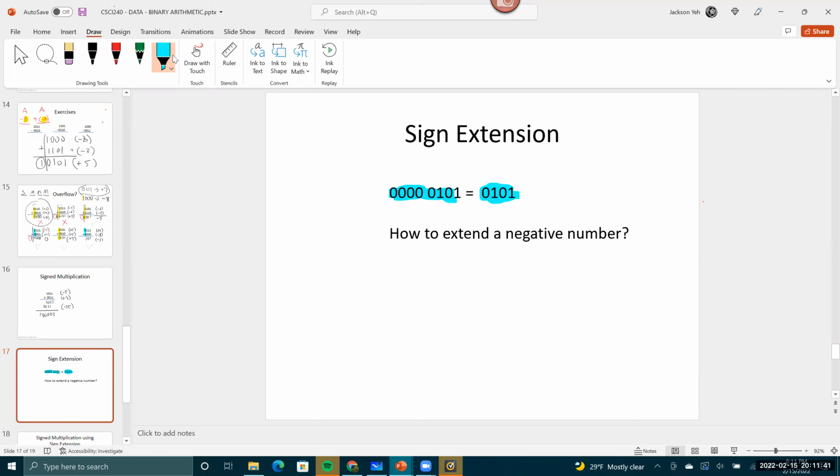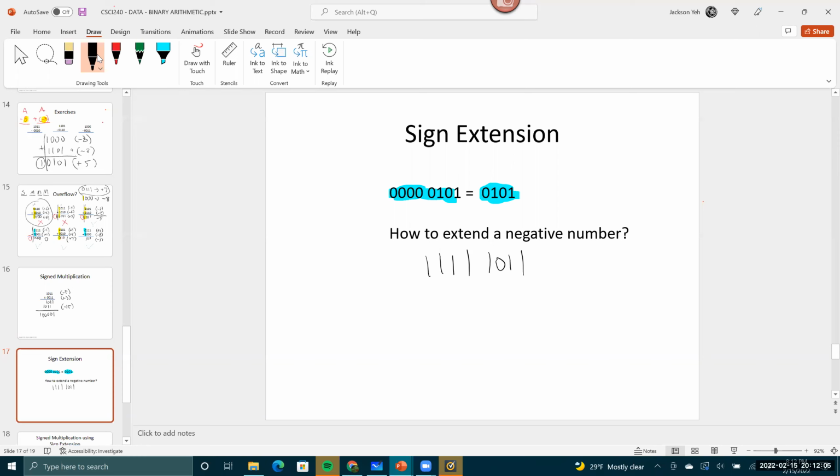I can put as many zeros as I want in front of it, it doesn't change the value. Now, what about negative numbers? This is -5. Is this still -5 if I pad it with a whole bunch of ones? The answer is yes, that's still -5.